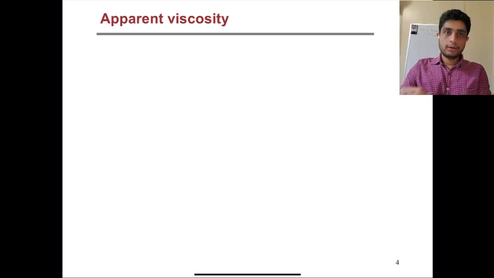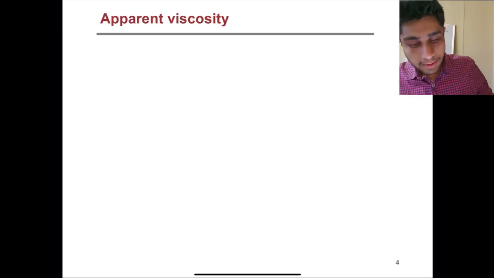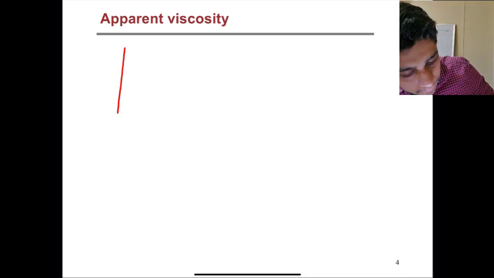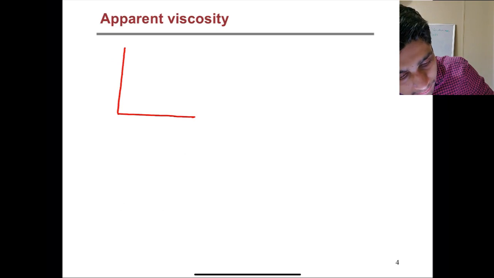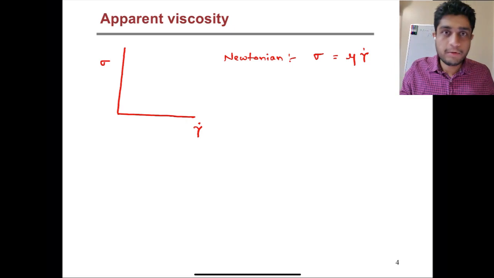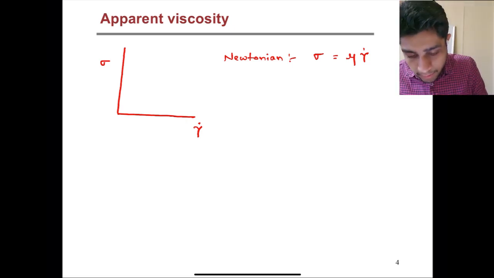Now for Newtonian fluids, viscosity is constant. So if I plot the shear stress versus shear rate for a Newtonian fluid, shear stress is a linear function of the shear rate, and the constant of proportionality is viscosity.